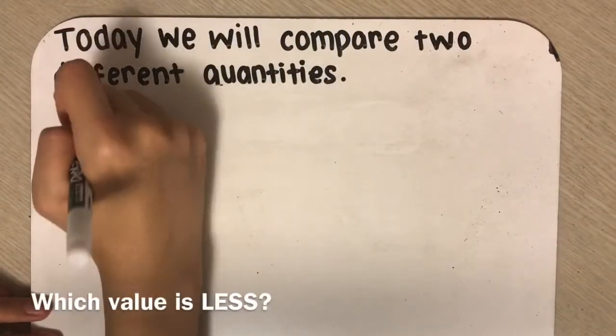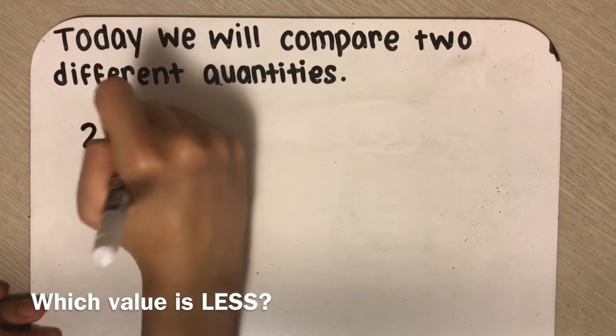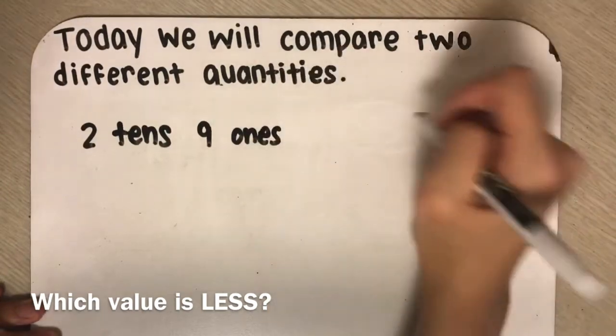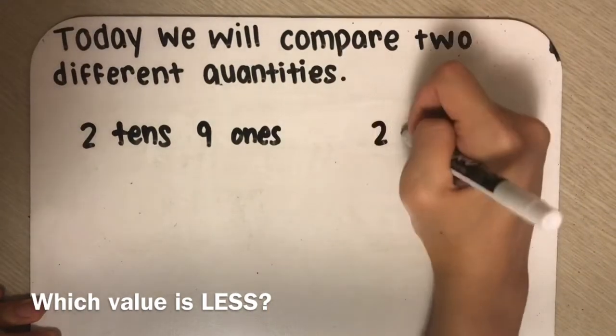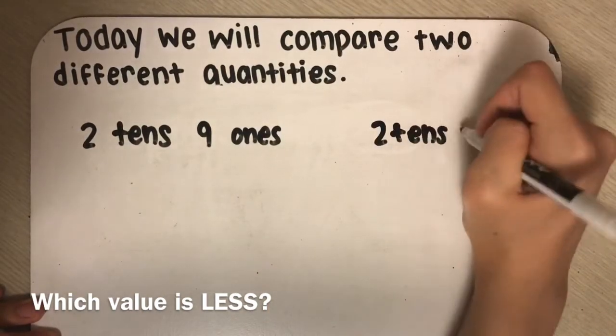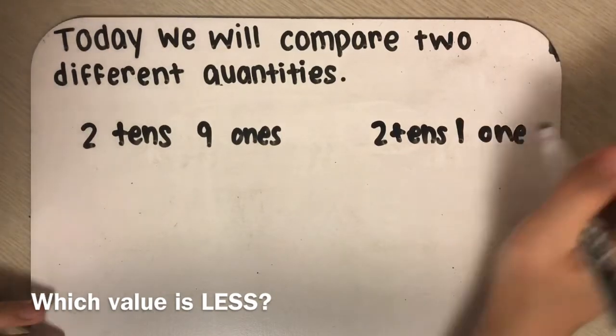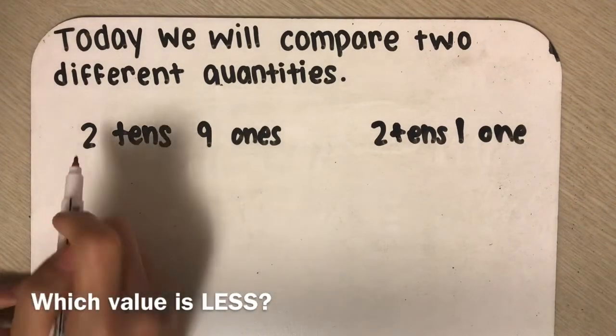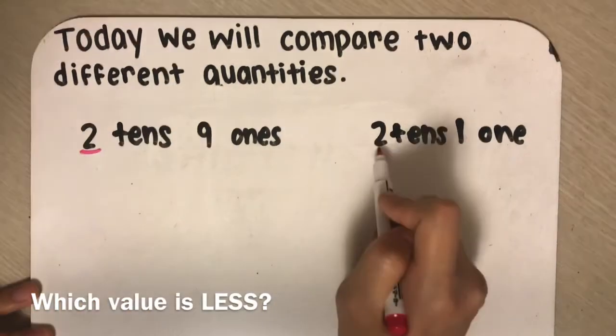Let's try one more. Here we have 2 tens and 9 ones. We also have 2 tens and 1 one. Which number is less? This time I can see that we have the same amount of tens.